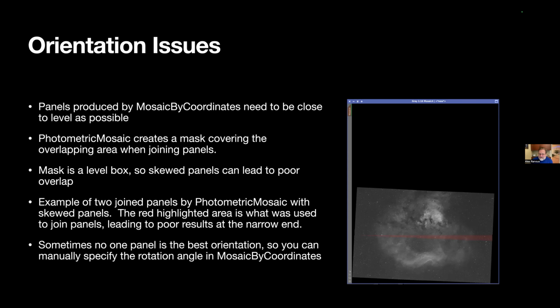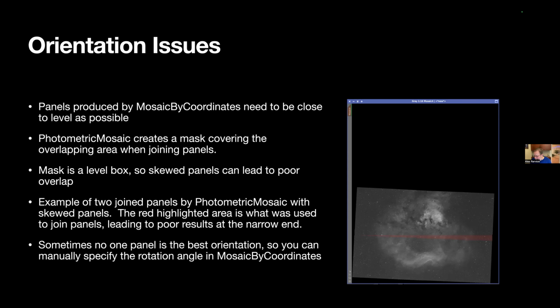Now, a limitation of Photometric Mosaic is that the way it computes the mask that it uses to join the two panels together is a rectangle, and it's oriented, it's level basically. So if your panels are skewed, you can end up with an overlap region that is angled.